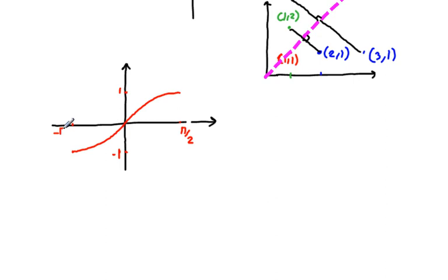Here is minus pi over 2. Now I want to put a mirror here. Here is my mirror. I take this red curve, let me thicken it again, and I take the mirror image of it.